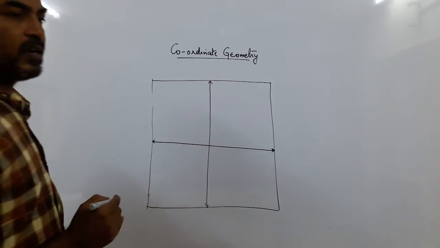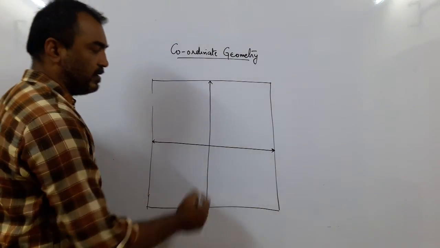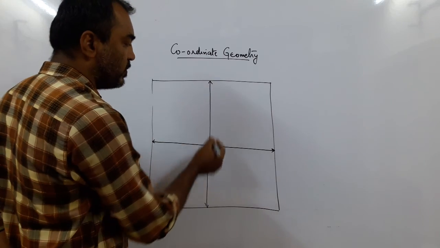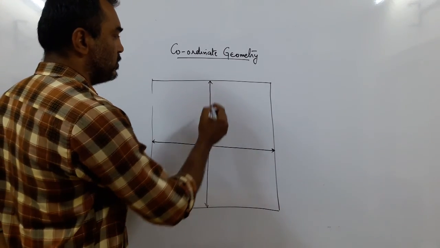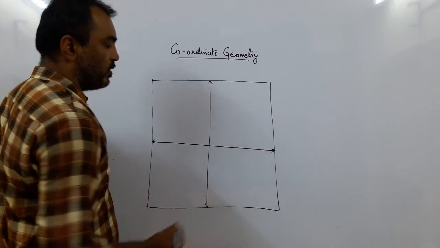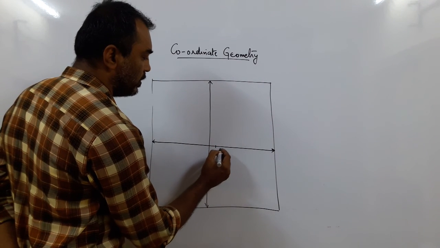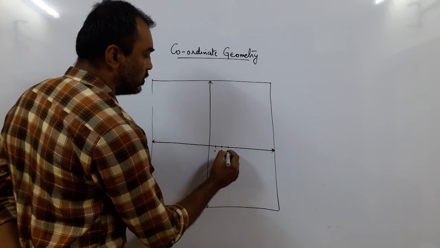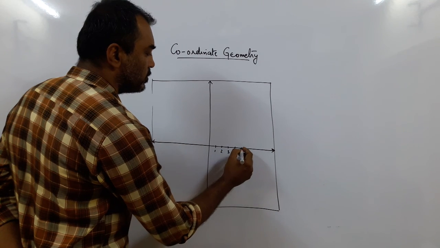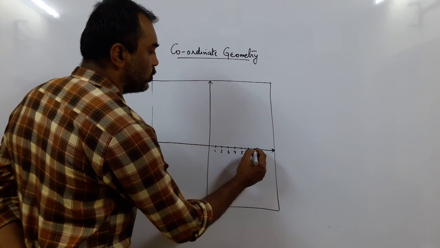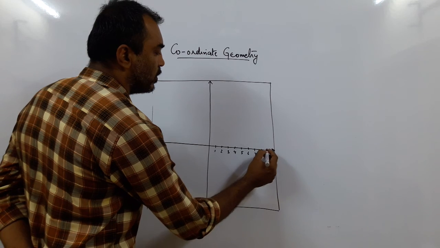If you see the graph paper, there are green lines which are dark enough and some green lines which are light. So you can put the scale as the first green line 1, second green line 2, and so on. So we are only going to plot the points today.